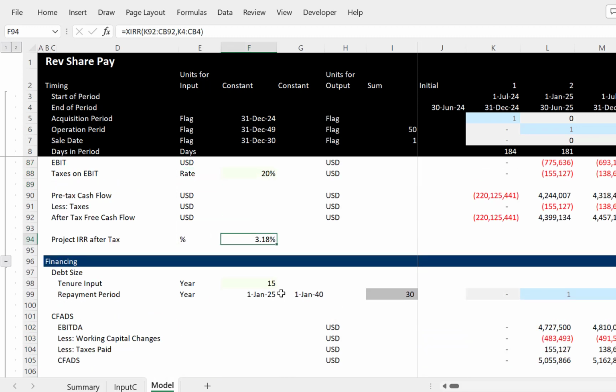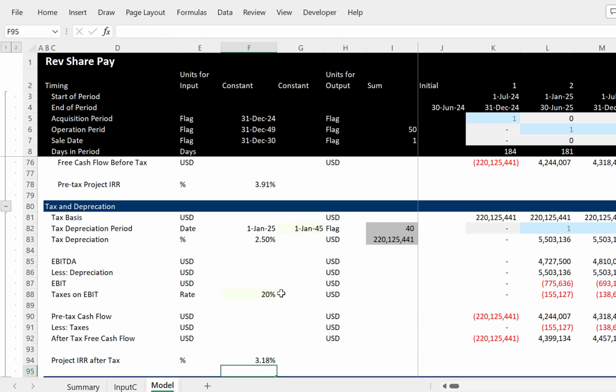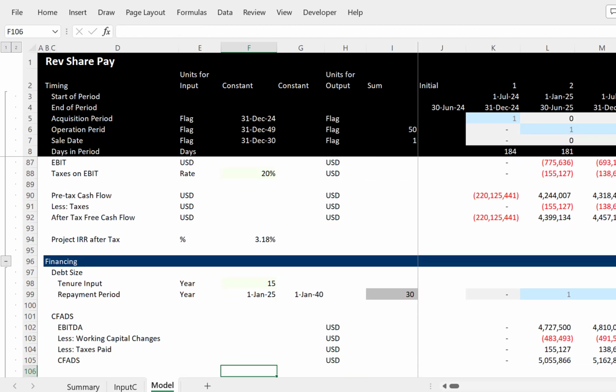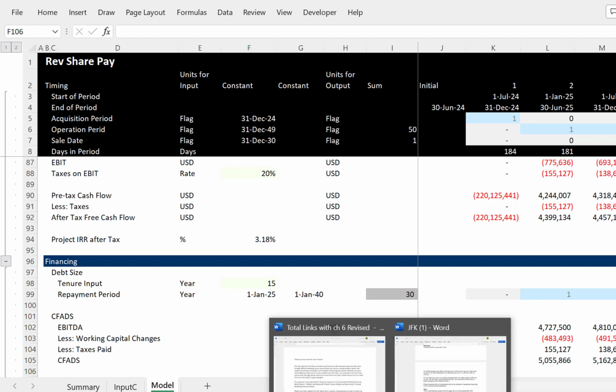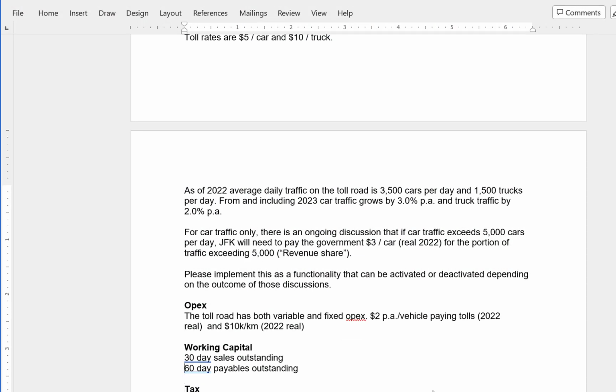That we could have a project IRR so close to what our interest rate was. Was the interest rate really 3% per year? I better double check that.